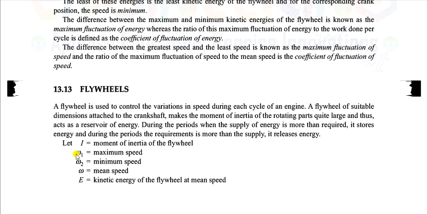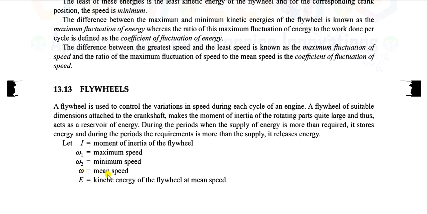Next, for example, I is the mass moment of inertia of the flywheel. Omega 1 we are assuming as maximum speed, and omega 2 as minimum speed. This maximum is the greatest of all maxima, and this minimum is the least of all minima.